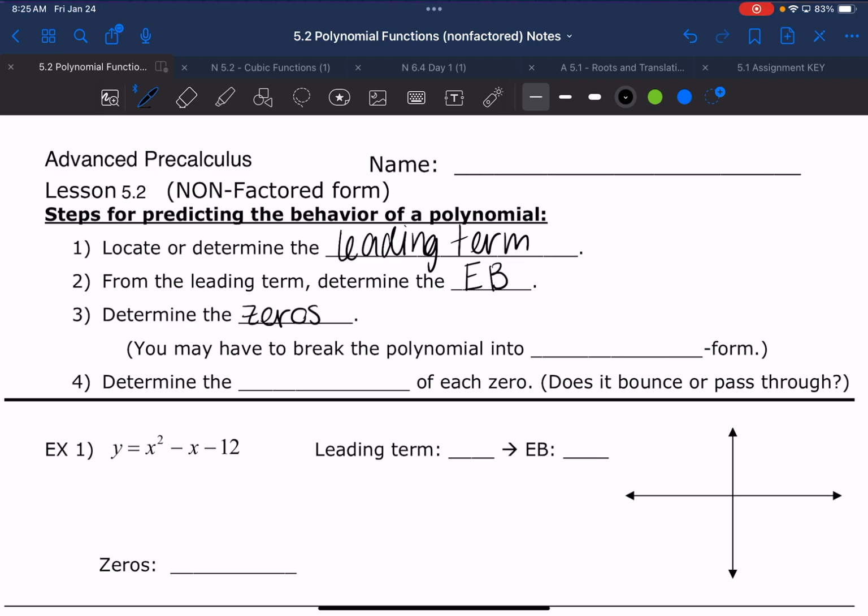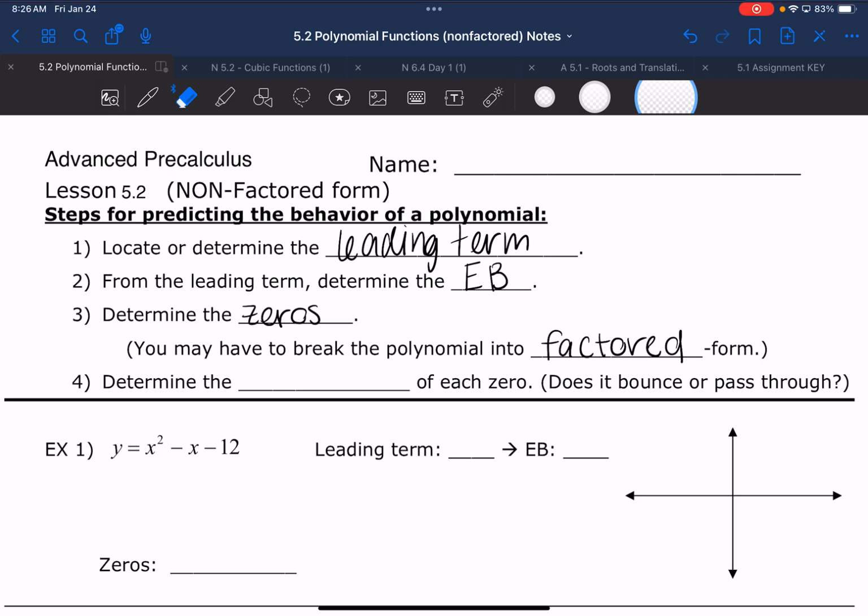In order to find the zeros, we have to find the factors. So we are going to have to break it down into the factored form. And remember, once you have it in the factored form, if you end up with multiple of the same factors, that multiplicity is what determines what it looks like at that zero.